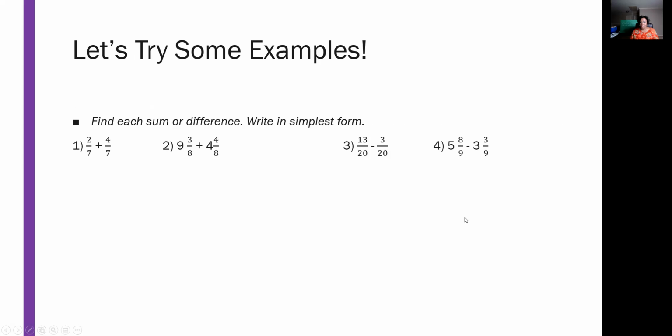Now these are ones you can try on your own. When you try these on your own, we'll correct them, and then we'll all see what the answer is. Changing to an improper fraction is a good idea when you find that one fraction has a whole number and the numerator is smaller than the denominator you're subtracting, so it turns into a mixed number.